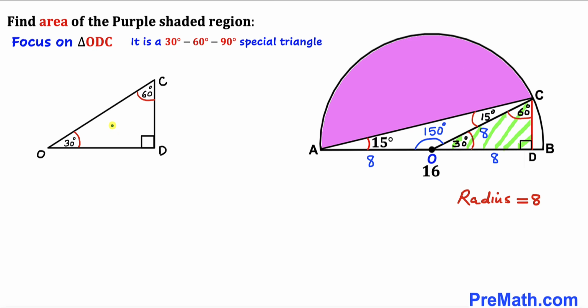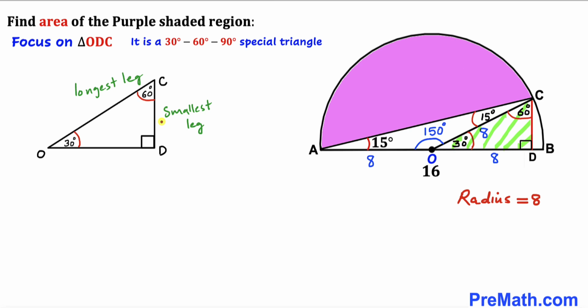Here I have copied down this triangle ODC. Now let's make an observation. We can see that 30 degrees is our smallest angle, so the side opposite to that is going to be our smallest leg. And this is our 90 degrees largest angle, so the side opposite to that is going to be our longest leg. In such a 30, 60, 90 triangle, the longest leg is twice the smallest leg.